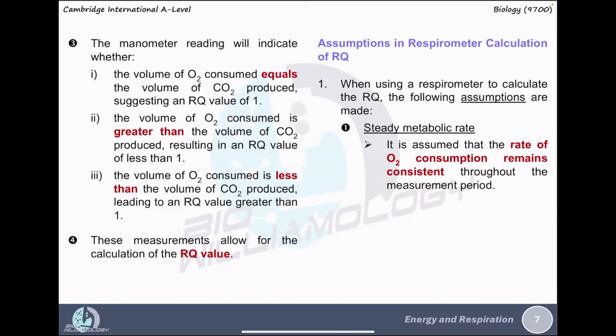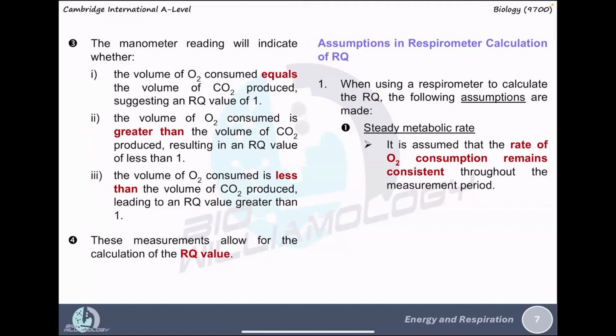It is assumed that the rate of O2 consumption remains consistent throughout the measurement period. Basically, when we have the first set of experiment with soda lime, we have this set of organism, for example small invertebrate or germinating seed. We have to use the same organism again because our assumption here is that the rate of O2 consumption remains consistent throughout the measurement period.